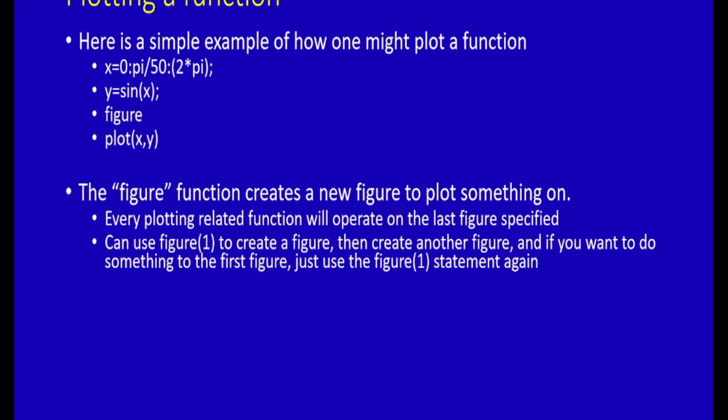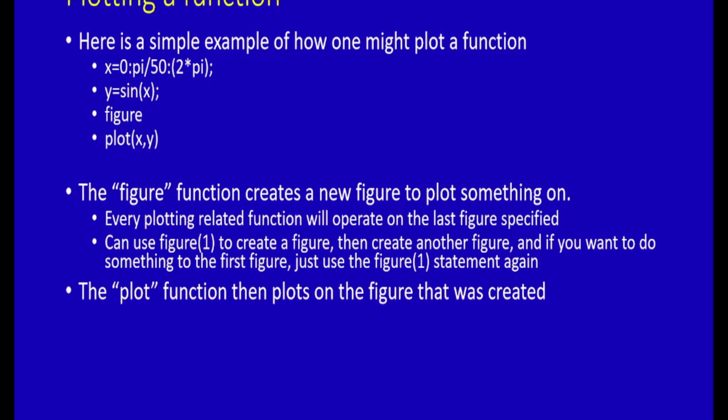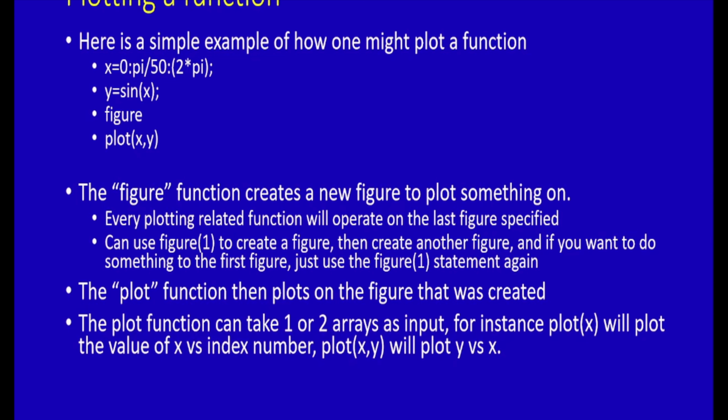Then every time you say figure 1, it'll go back to that figure if it already exists. The plot function then plots on the figure that was created. The plot function can take 1 or 2 arrays as input. Now we're just going to show how that works.